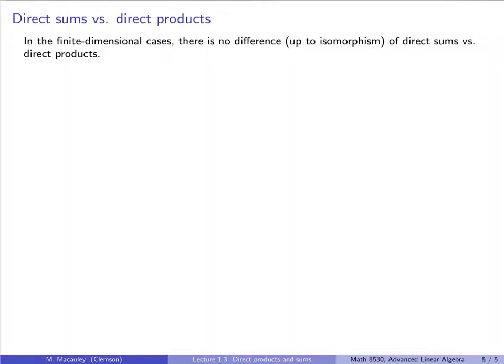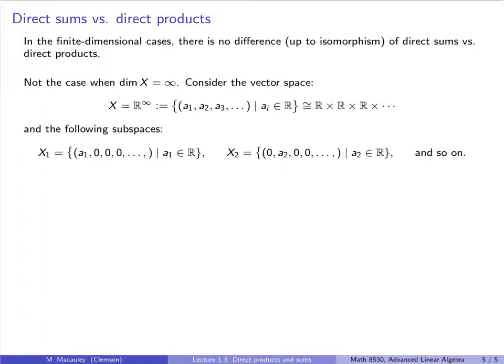It's important to notice that things go wrong if the dimension is infinite. So for finite-dimensional spaces, there is no difference up to isomorphism of direct sums versus direct products. However, this is not the case when x is infinite dimensional. So consider the following vector space x, we'll call it R infinity, which is just the countable direct product of copies of R. That's the set of all sequences A1, A2, A3, etc., where Ai is a real number.